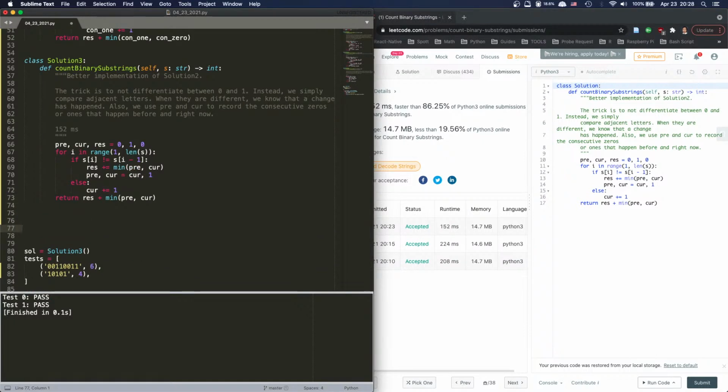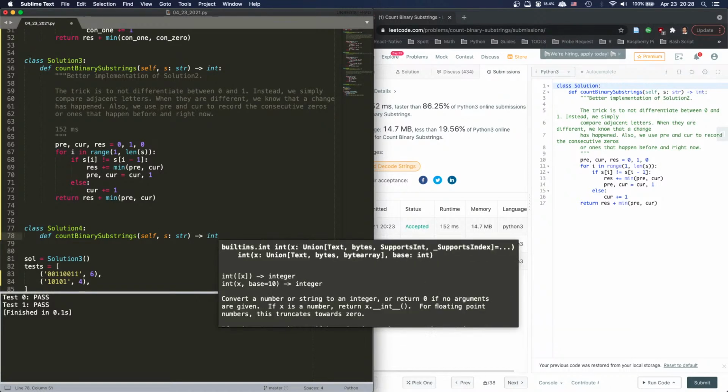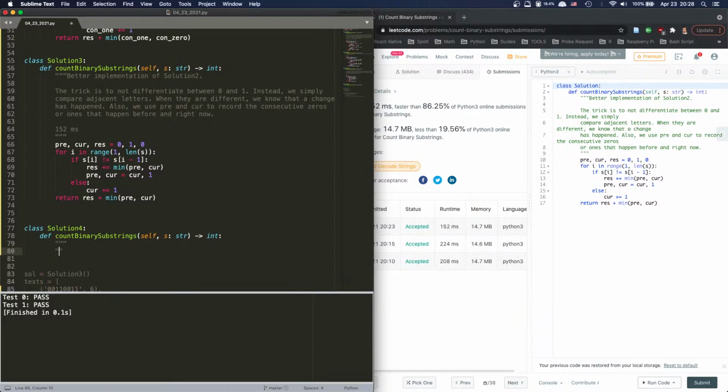All right, so I'm gonna do another one. Class Solution 4. Count binary substrings, self, str, return an int. All right, I'm gonna say from Lee 3 to 15. Amazingly smart solution.